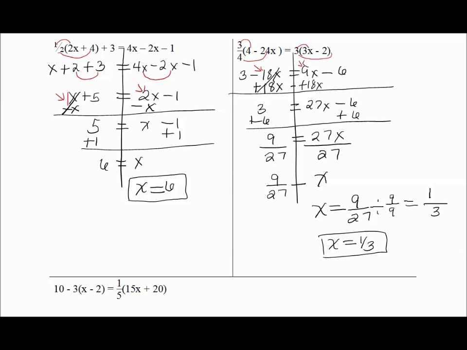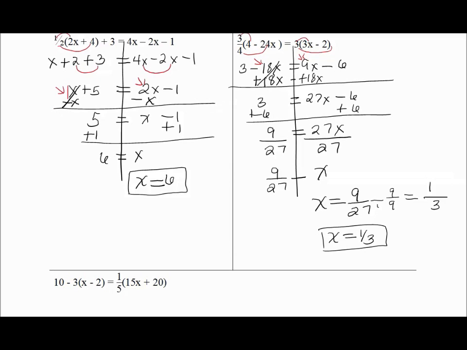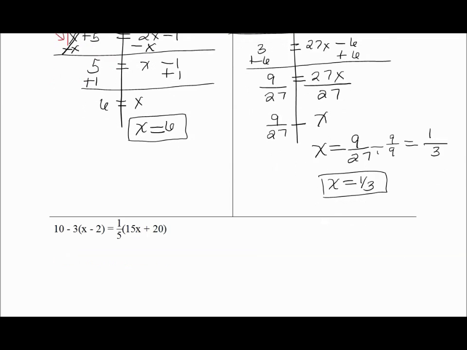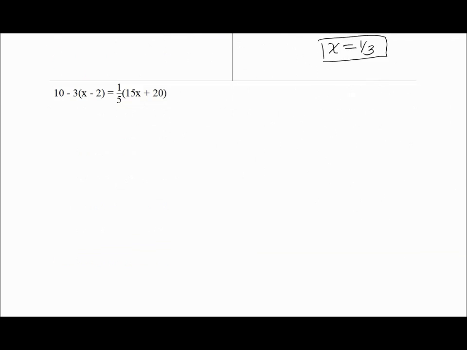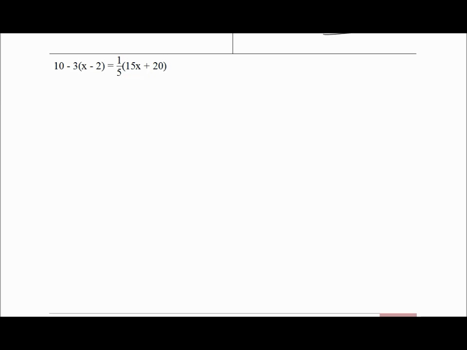Now let's take a look at the last problem for this lesson. May look a little messy, but that's okay. We'll just keep simplifying until we get it down to something that's manageable. I distribute the 3 on the left.